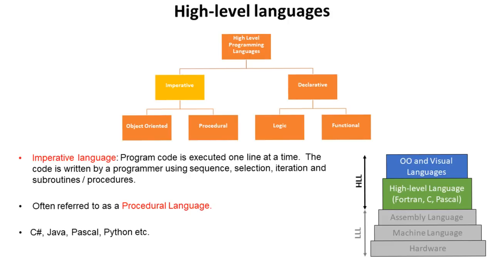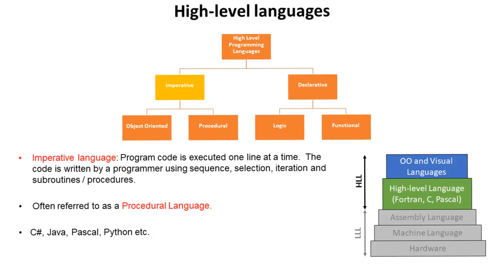Imperative high-level languages is program code where we execute one line at a time after the other. The code is written by the programmer using constructs like sequence, selection, iteration, and the programs are built up in blocks of code, often referred to as subroutines, procedures and functions.